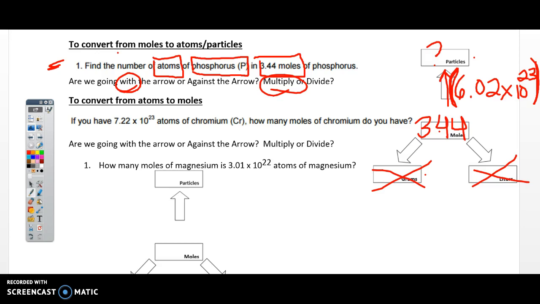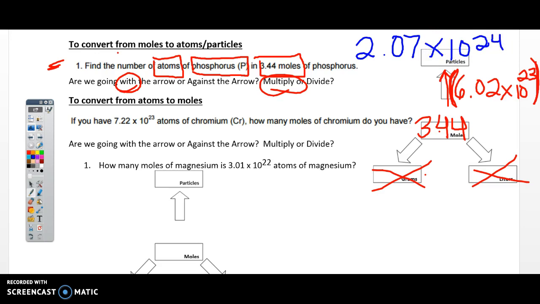Okay, so if I were to write that number, my final answer here would be 2.07 times 10 to the 24.